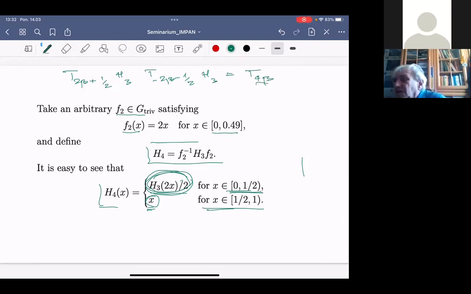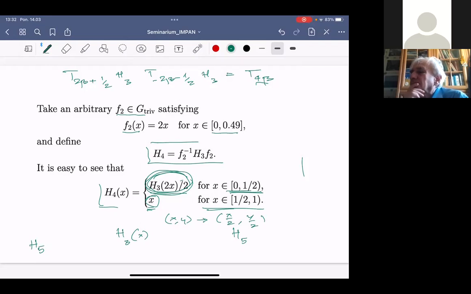And since the function H5 we obtained from the function H3 by scaling, x we transform to x/2, y to y/2. In this way, we obtain this H4, H5.